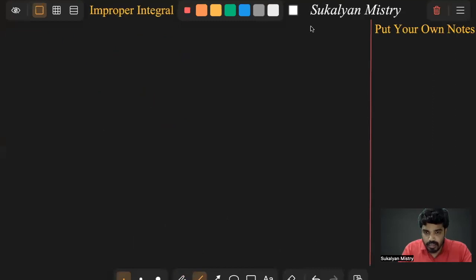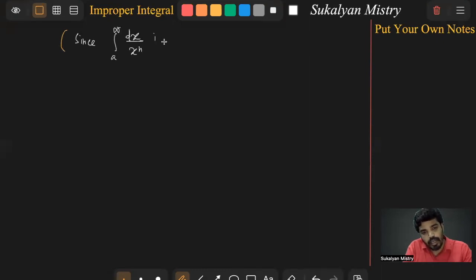You can write here, since we know that integration a to infinity dx by x to the power n is convergent if n greater than 1 and divergent if n less than or equal to 1.